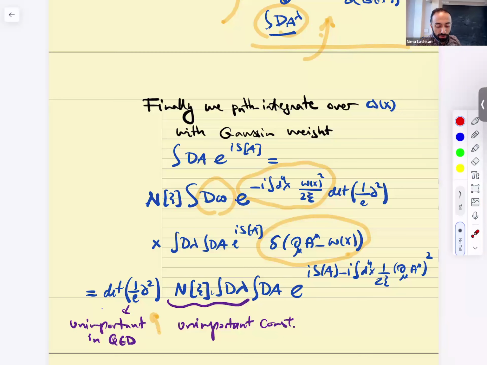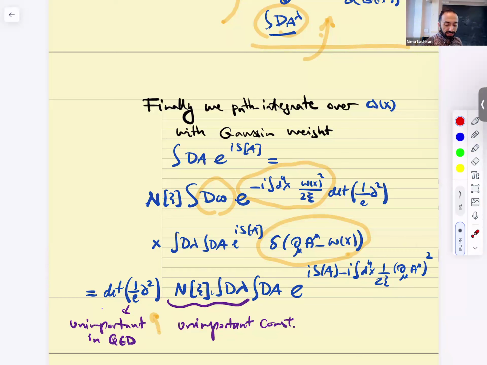This part I can perform the path integral on and it gives me this 1/2 sigma del mu A mu. So this is the origin of the R-xi gauge. Why? Because this is unimportant.